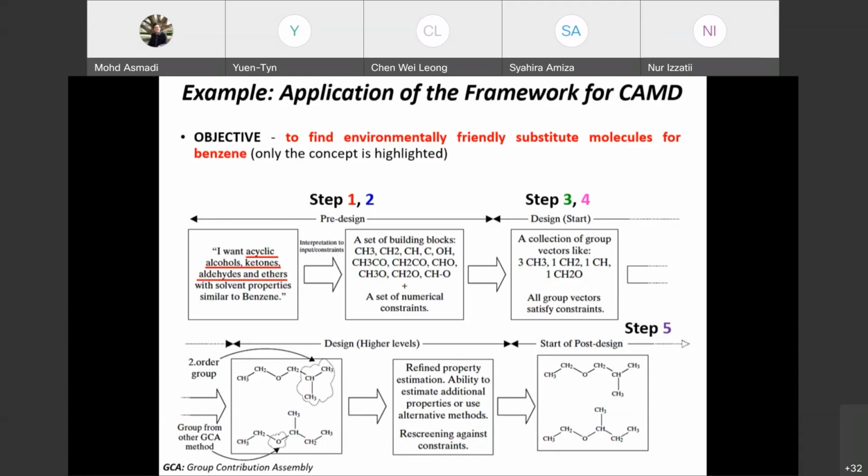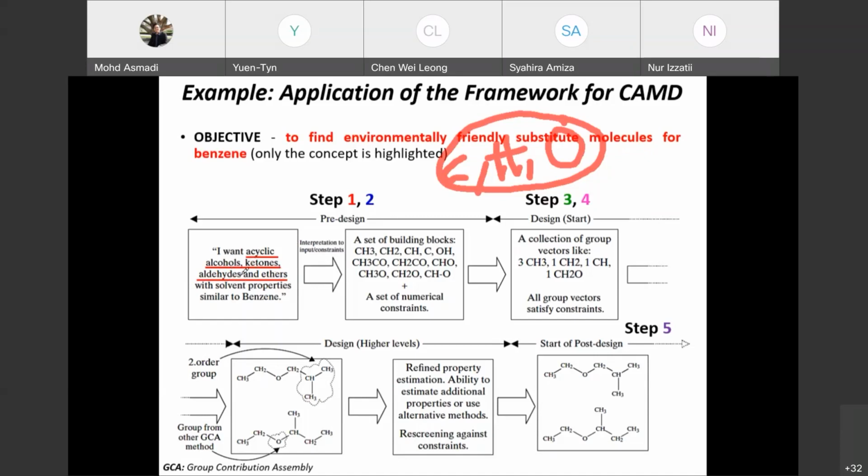We can make a hypothesis that it is likely to be acyclic molecules containing C, H and O, because benzene is an organic compound, so it must be C, H, and also O. These are the atoms. You can replace it with an organic component also, meaning I want acyclic alcohol, ketone, aldehyde, and ether, with the desired properties.